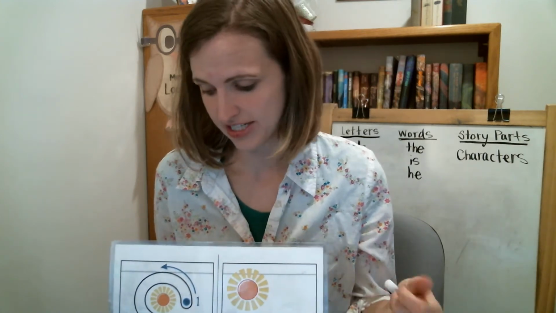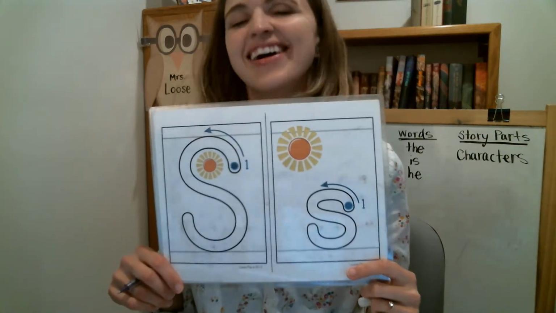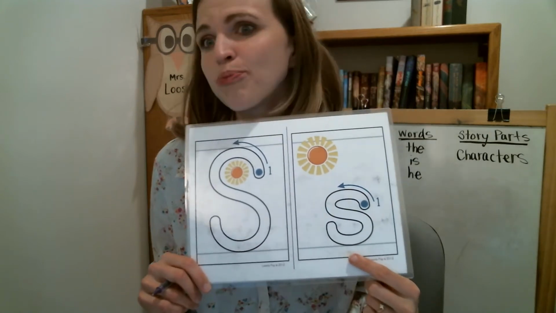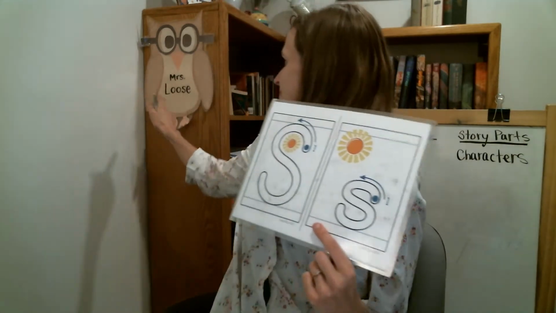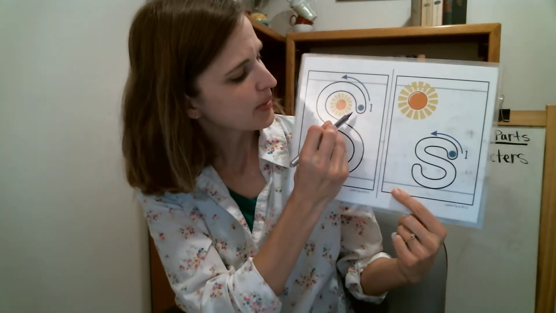Our next letter, and this is the new letter for today. Well, one of the new letters for today. What is it? S. S is super curvy. Who has an S in their name? My name has an S. See? S makes a big curve.